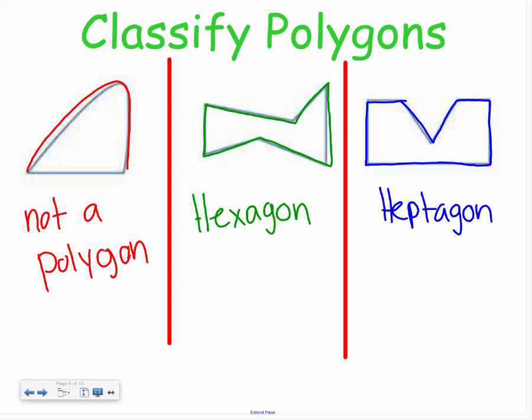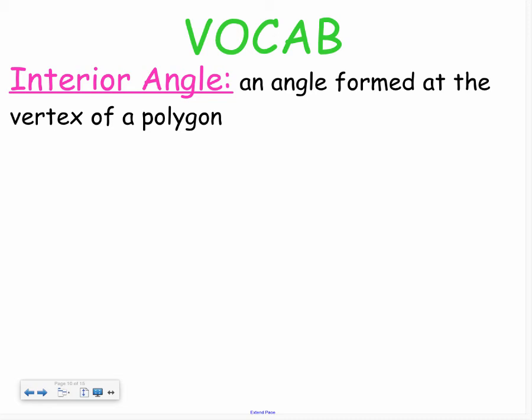Just like we looked at the angles of a quadrilateral, we are also going to look at the angles of a polygon, specifically the interior angles, which are the angles on the inside of the polygon. So we're looking at the angles on the inside.